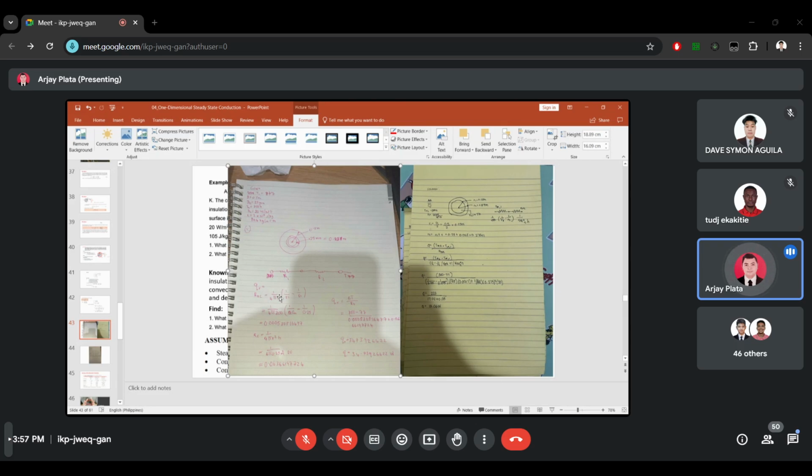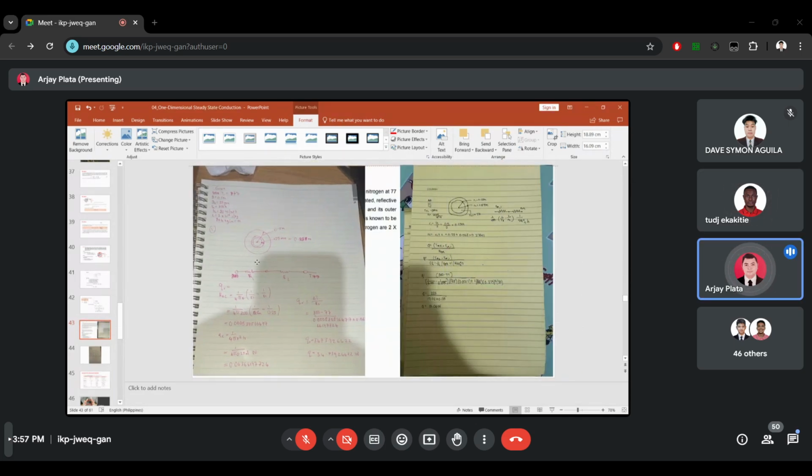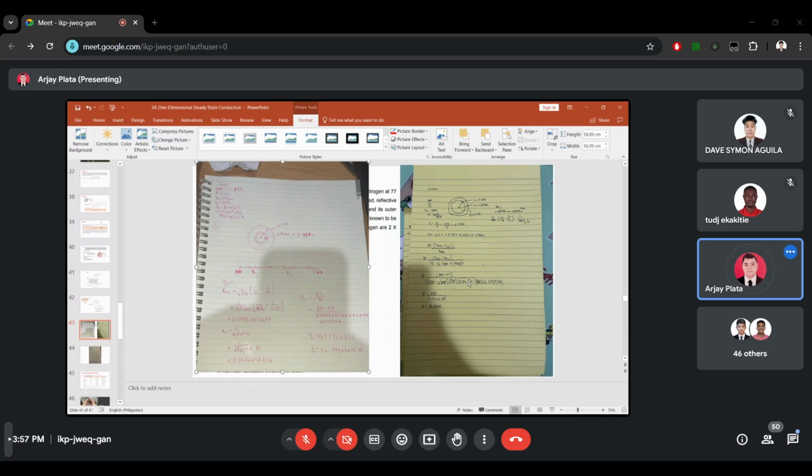The value of k that you use here in the 4 pi k is T infinity, so the k value is 300. But Ara's value is 0.0017. Where did you get the 0.0017?